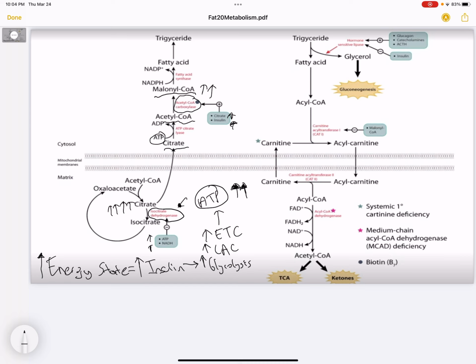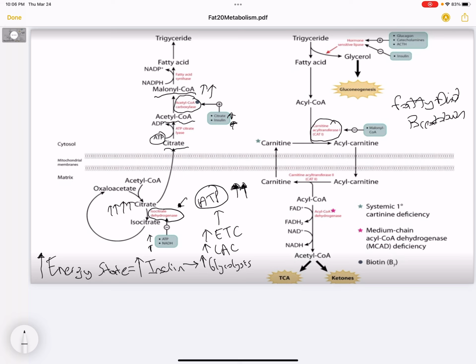And the significant thing about malonyl-CoA is that it is an inhibitor of carnitine acetyltransferase 1 over here. So on the right, we have fatty acid breakdown. The significant thing about malonyl-CoA inhibiting carnitine acetyltransferase 1 is that we don't want both of these processes occurring at the same time, because that would be counterintuitive.